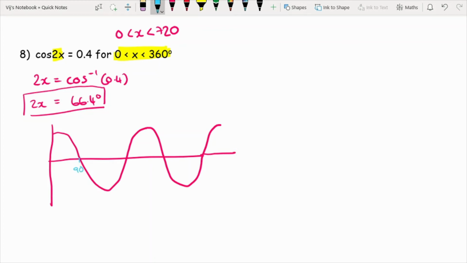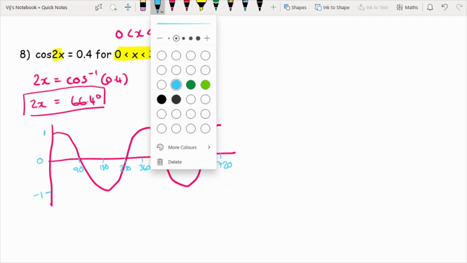So that's 90, 180, 270, 360, 450, 540, 630, and this is at 720. Obviously this is at +1 and that is at -1. Again, reminder, you get no marks on the state of your graph. Obviously mine's not brilliant at all. So let's have a look at finding the answer for this.